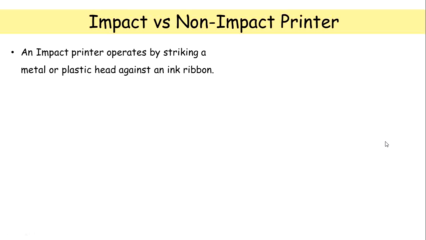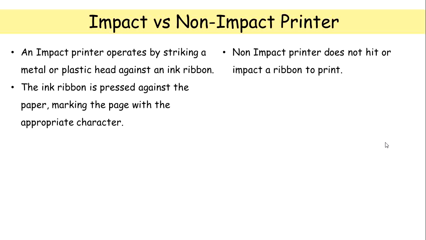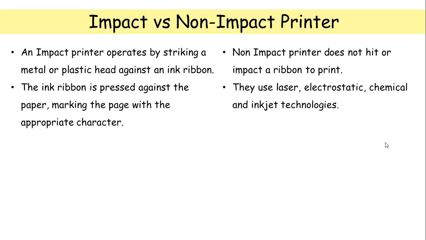Impact printers operate by striking a metal or plastic head against an ink ribbon, while a non-impact printer does not hit or impact a ribbon to print. The ink ribbon is pressed against the paper, marking the page with the appropriate character, while non-impact printers use laser, electrostatic, chemical and inkjet technologies.